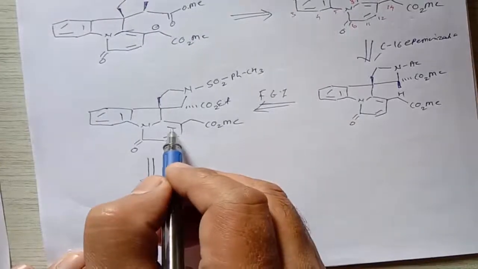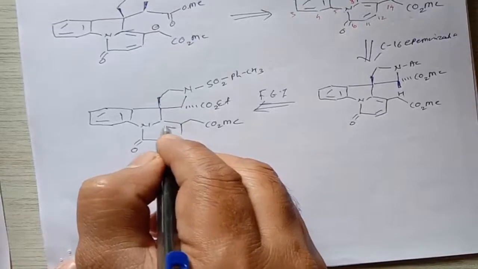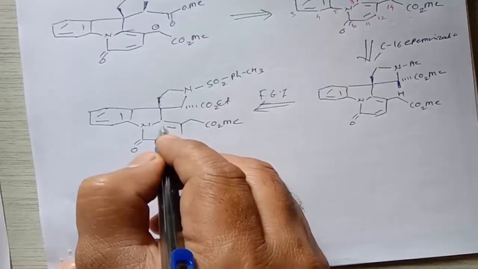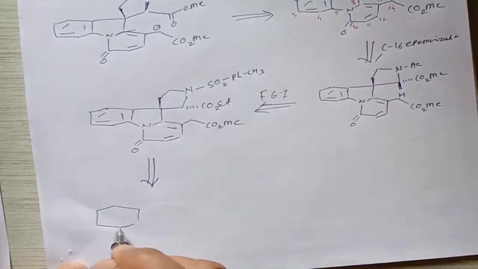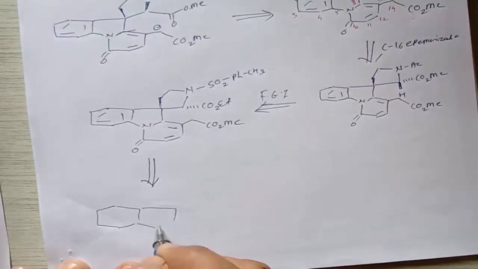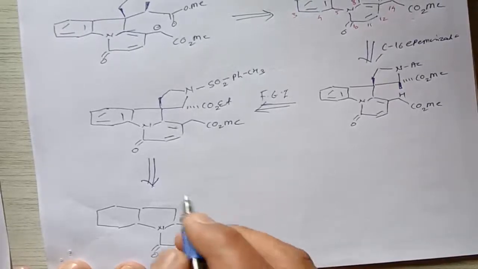Then after that we can shift this double bond from this position to this position. That means the carbon-carbon double bond is here, we can shift it to this position, and after shifting this bond we get a molecule like this. The remaining functional groups will be the same.